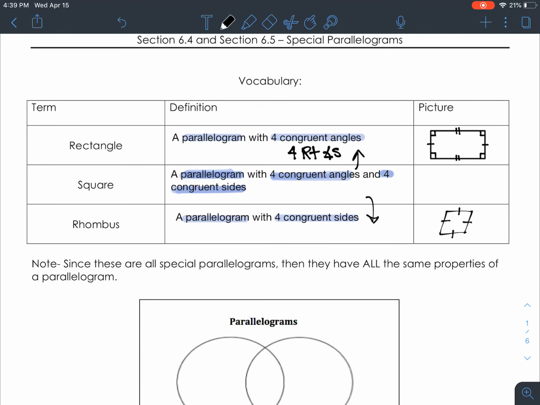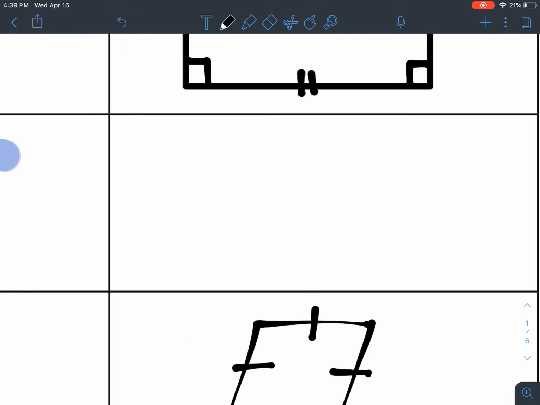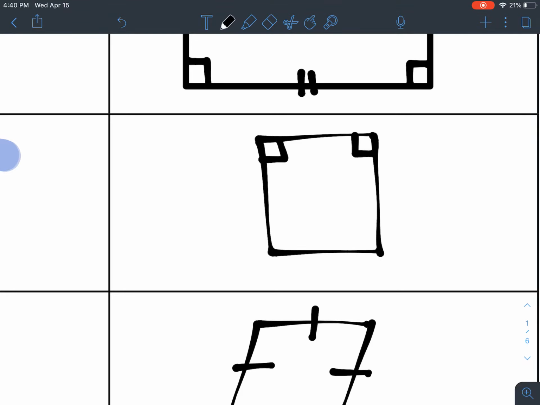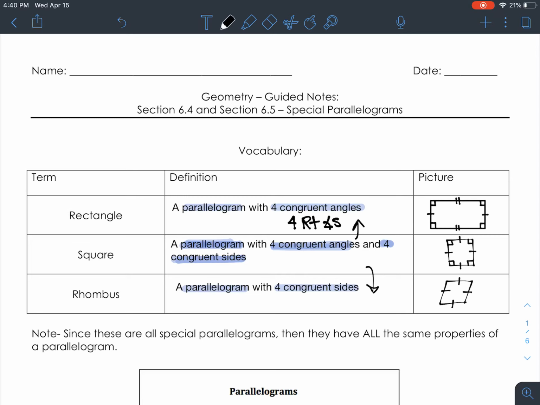So a square is a rhombus, it's a rectangle, it's a parallelogram, it's a quadrilateral, it's a polygon. It's all of those things, which means it has all of the properties. So the square, if we would draw it, has the 4 right angles, the 4 congruent angles, and the 4 congruent sides. When I say you want to be a square, it's because it's the most special parallelogram. It has the most special properties in it.